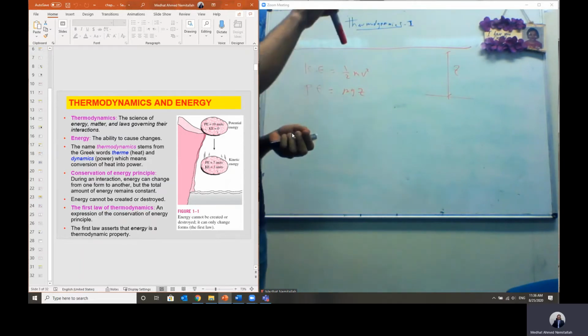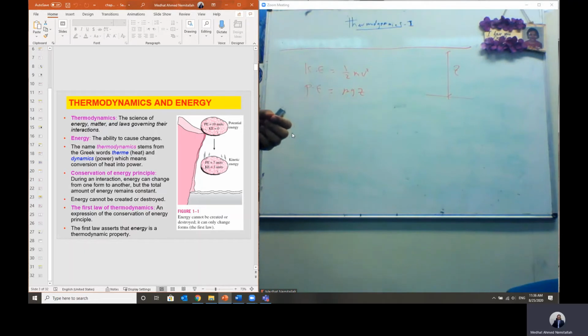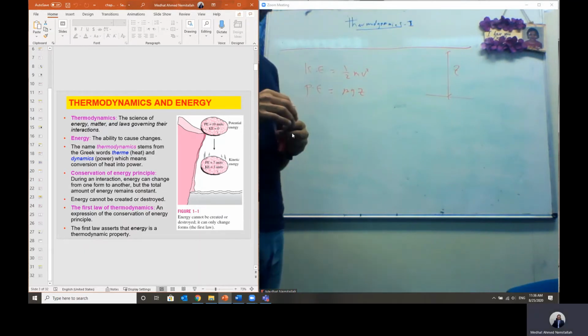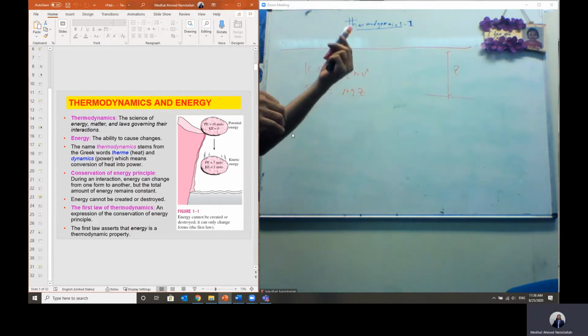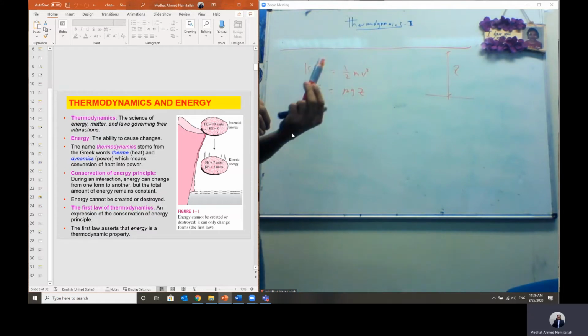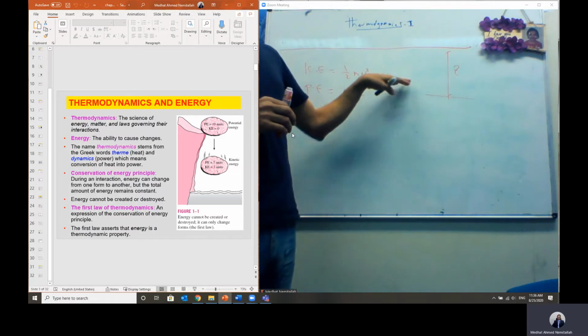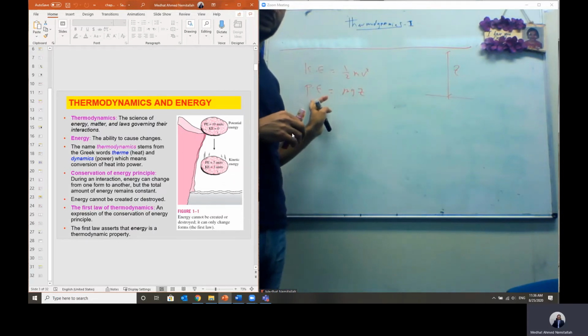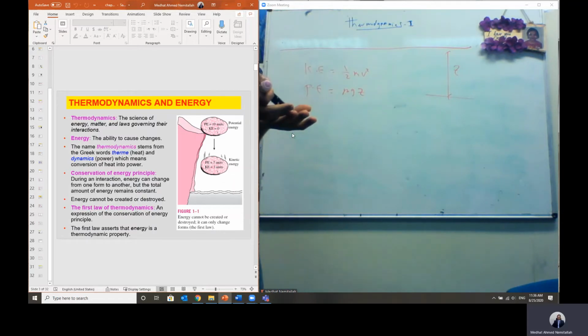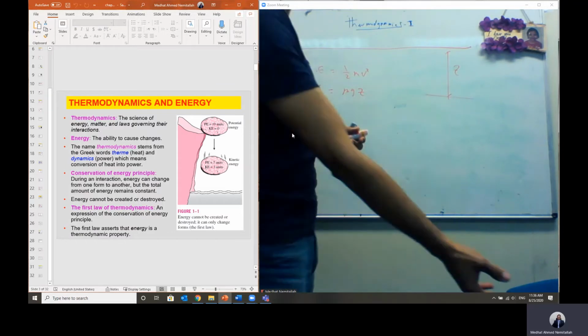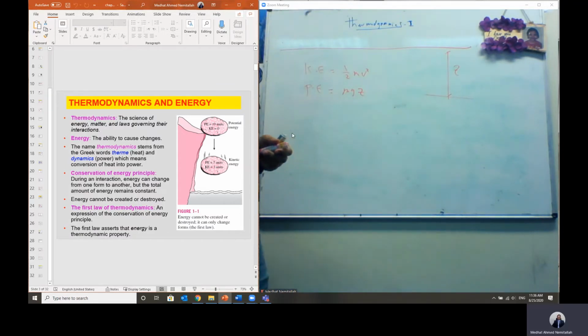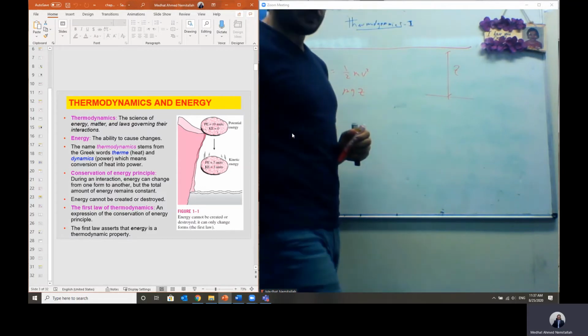So if you let this stone fall down, in this case, the stone will gain kinetic energy. So kinetic energy will be increasing, but it will be losing height, so it is losing potential energy. But the total energy should remain the same, as energy cannot be created or destroyed.